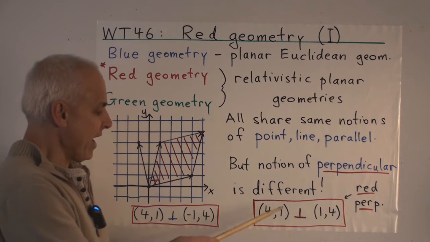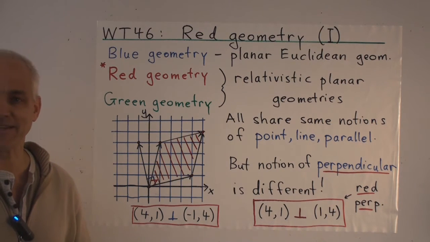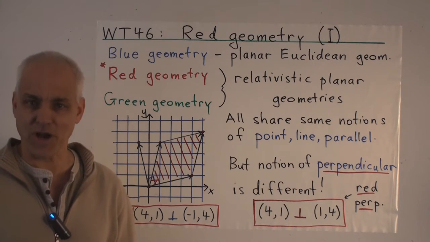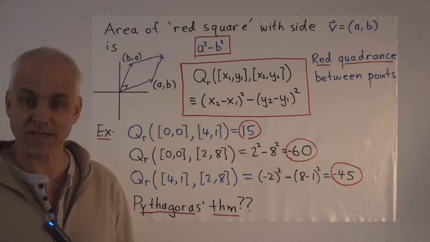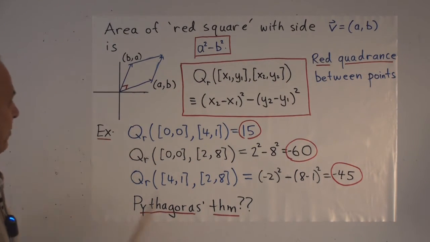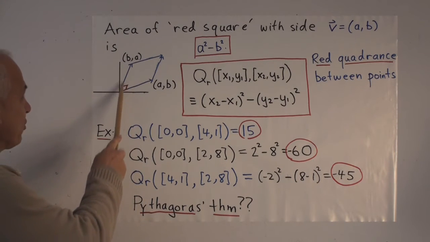So let's have a look at how this changes our basic setup for rational trigonometry. Well, remember that the main notion of rational trigonometry is the quadrance. Suppose we have a vector a, b, and here is the perpendicular vector b, a.